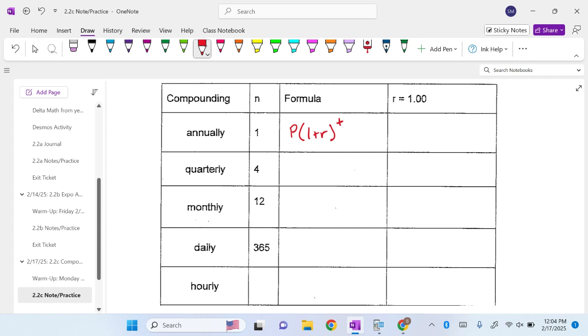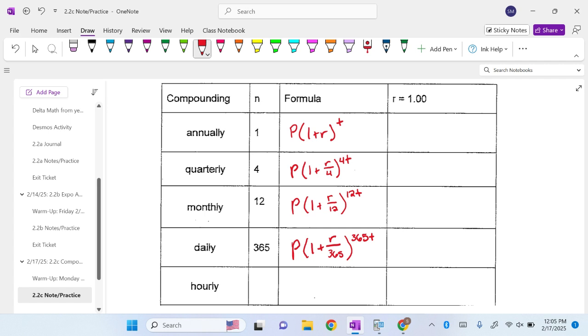Then for quarterly, P times 1 plus R over 4 raised to the 4T. Monthly, N is 12. So you have P times 1 plus R over 12 raised to the 12T. Daily, your N is 365, so it's P times 1 plus R over 365 raised to the 365T.